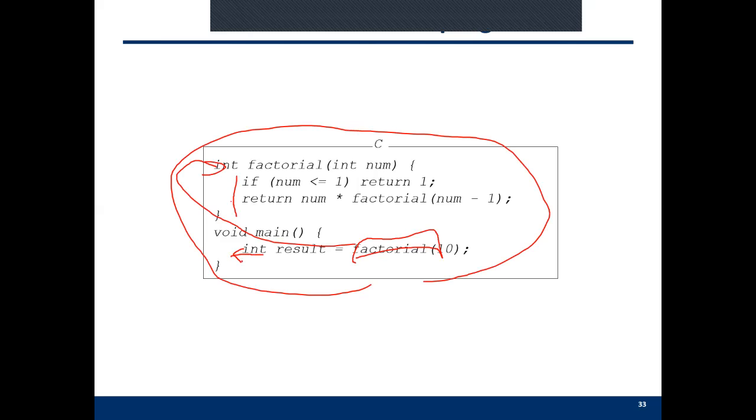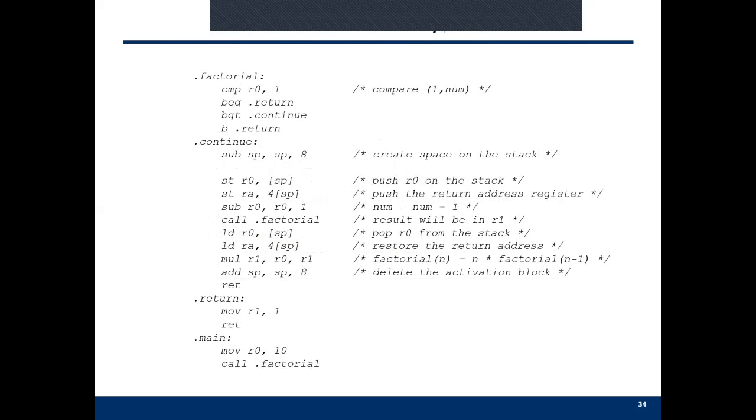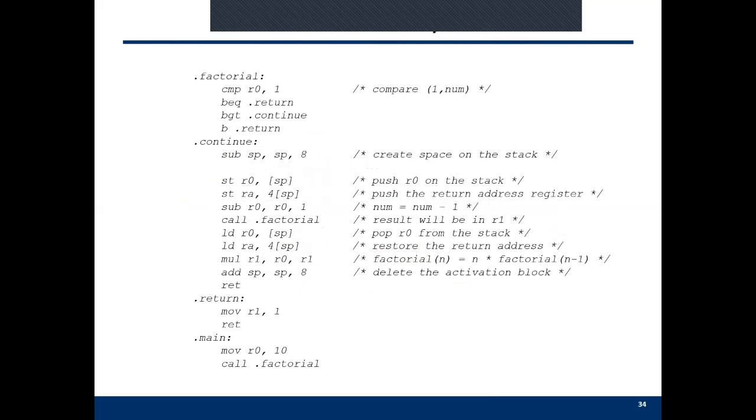After the execution of this function, we restore the RA to the PC. And this is the C code of this example, and you can check the assembly language code.